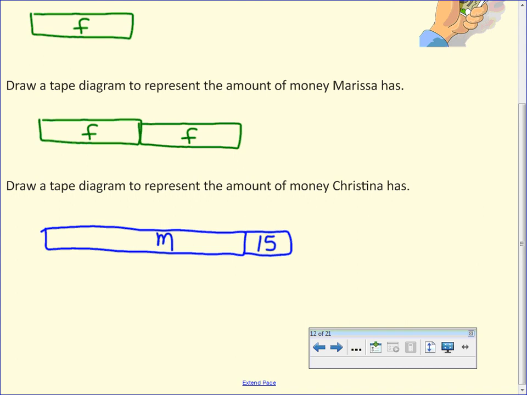Whoops, sorry. Plus 20. What else do we know about Christina? Are we done? Did we use all the information? What else do we know? We know that Marissa's money plus $20 equals $100.